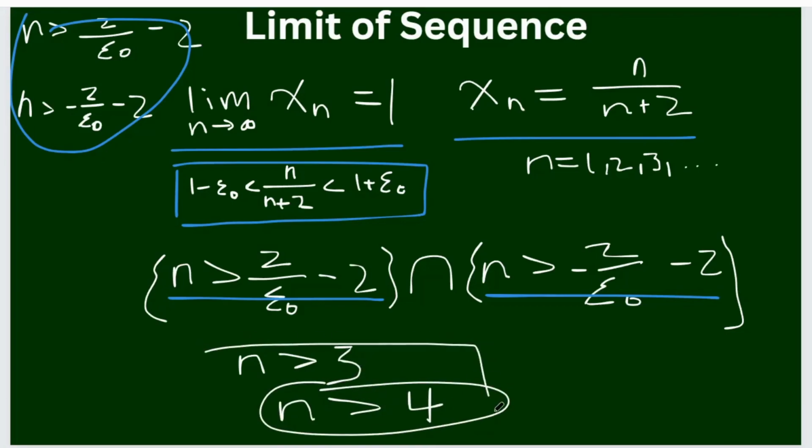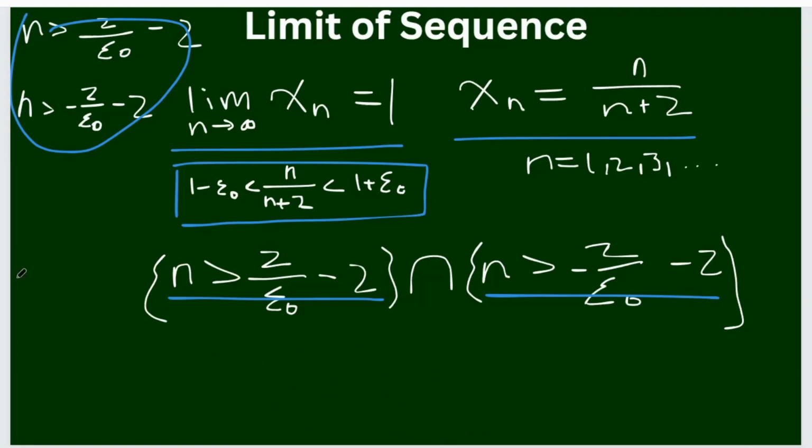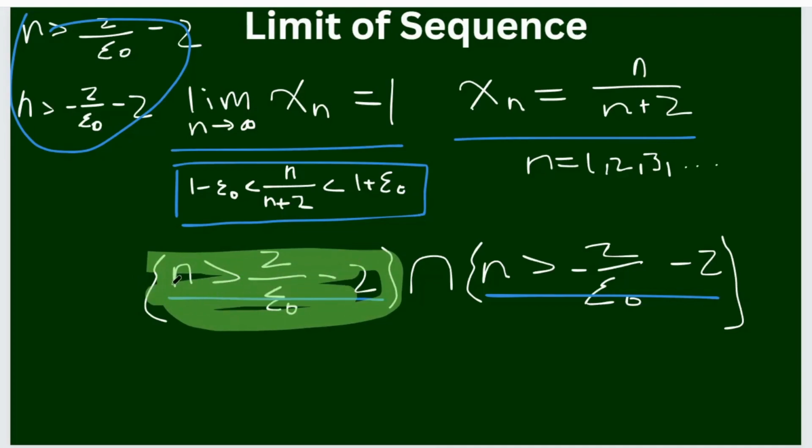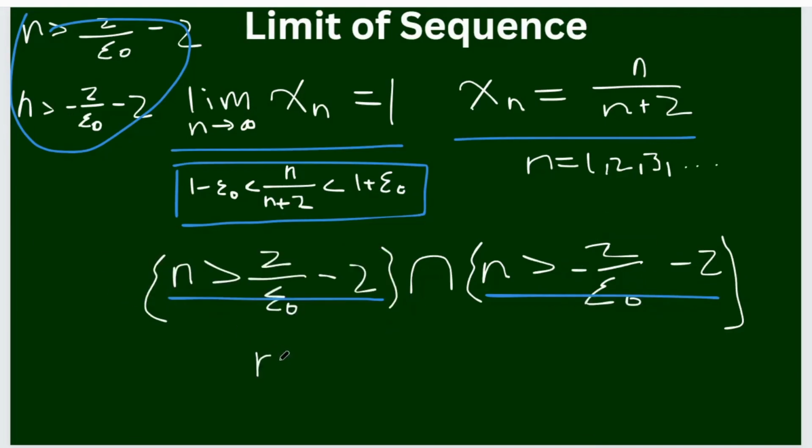So in this case, which one is the greater value? Well, it's this one here, because 2 over epsilon 0 is positive, whereas here it is negative 2 over epsilon 0, and epsilon 0 is always positive. So we're just looking at n is greater than 2 over epsilon 0 minus 2.